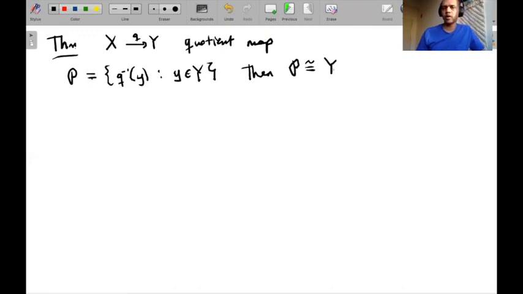Before I prove this, let me tell you why this is a really useful theorem for us. We're going to use it quite often to understand quotient spaces. The corollary is that this helps you identify what the quotient space is.